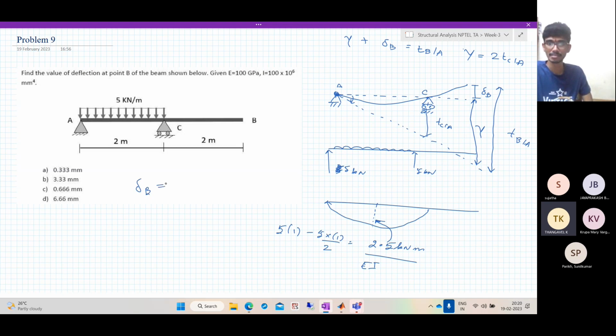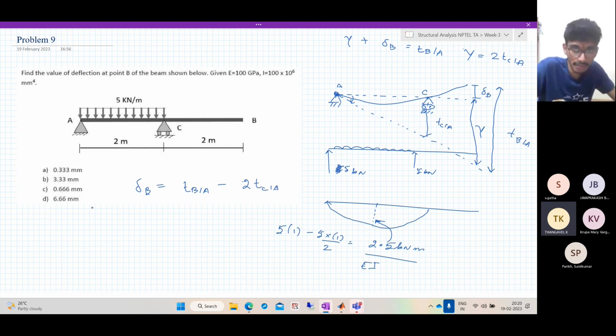Delta B is equal to TB with respect to A minus y, which is 2TC with respect to A, assuming that our signs are defined this way.